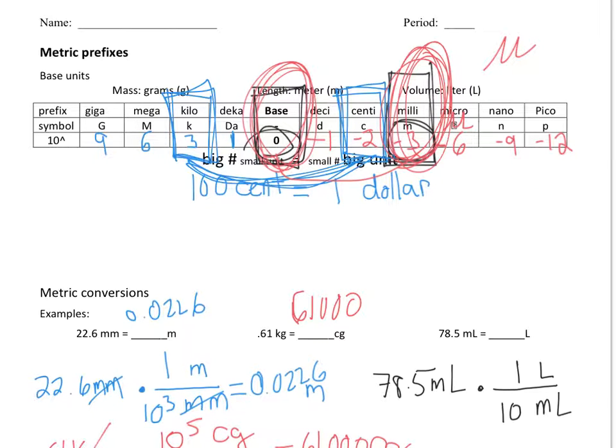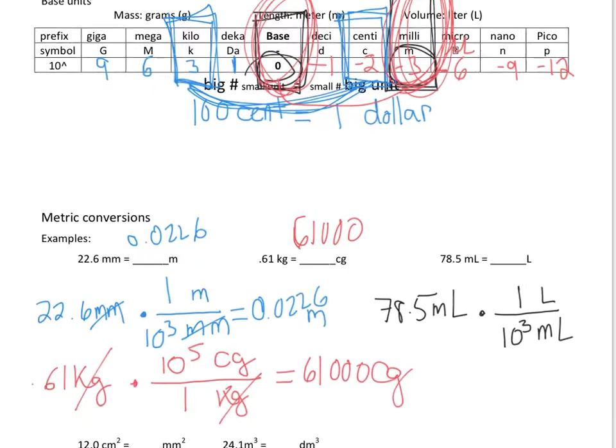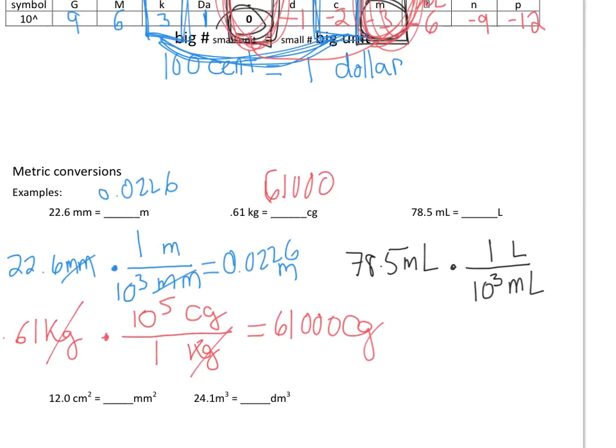I'm going to put a 3 right here. So my milliliters cancel. It's 78.5 times 1 divided by 10 to the third. So basically 78.5 divided by 10 to the third, which means you move the decimal point 3 places to the left, so 0.0785 liters.